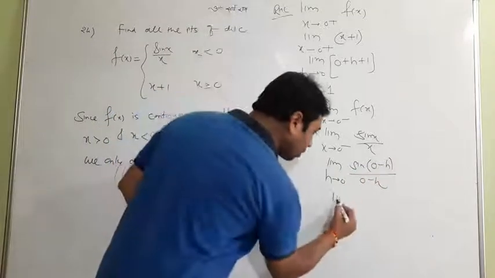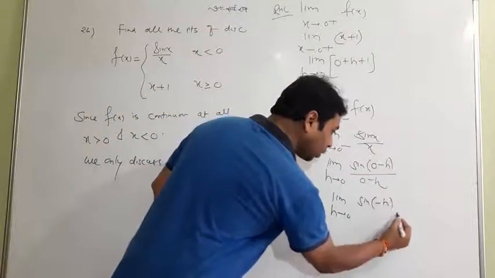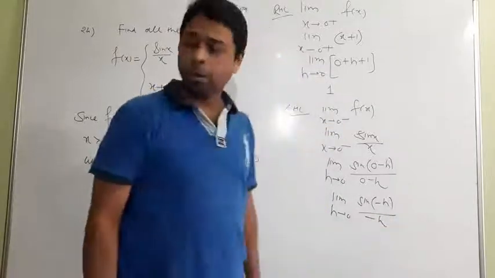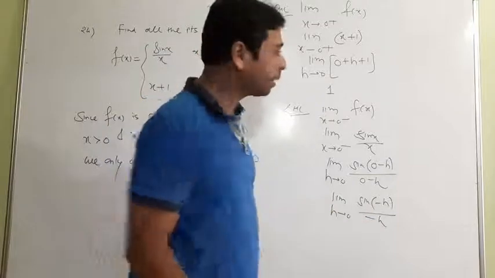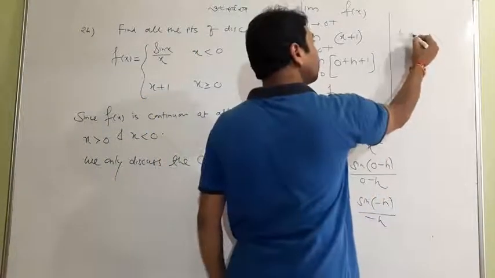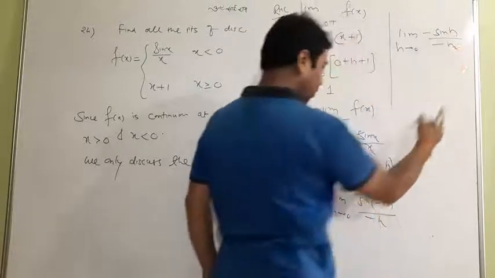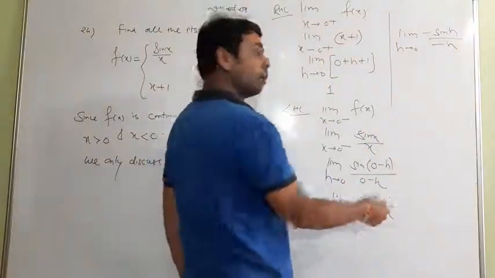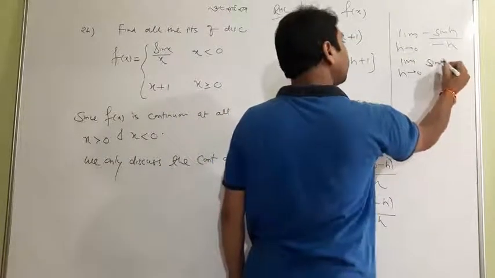What will come next? Sine of minus h upon minus h. Look at this: sine of minus theta is equal to minus sine theta. So I will write limit h tends to 0 of minus sine h upon minus h. Both minus signs will cancel. What remains? Sine h upon h.